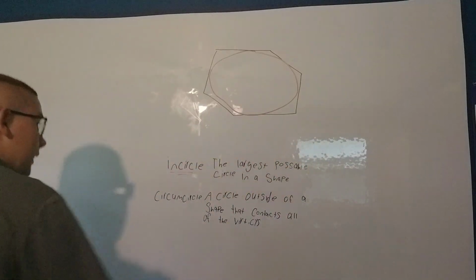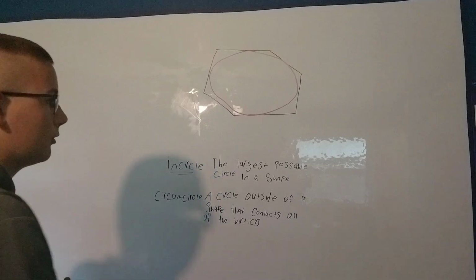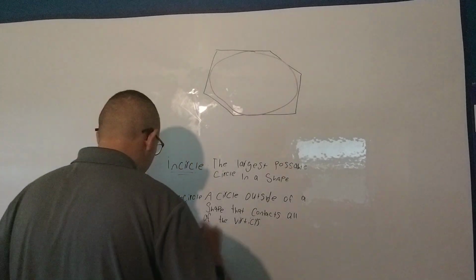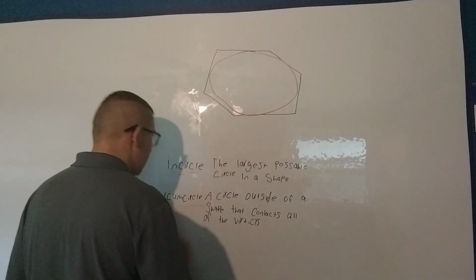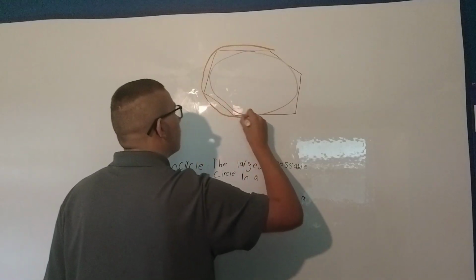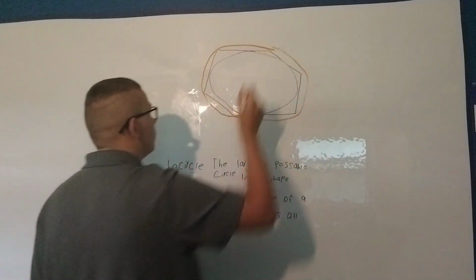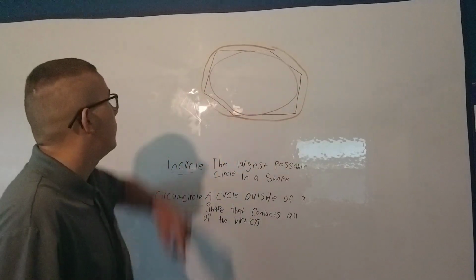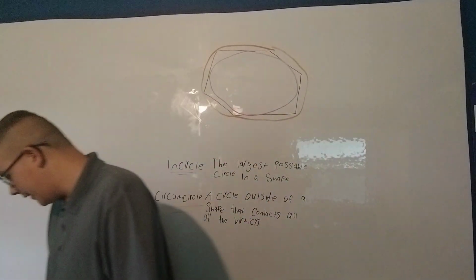And this circumcircle and incircle are going to be things you can only have on the regular polygons. And then this would be the example for circumcircle, where it just touches all of these vertices and continues on like that.